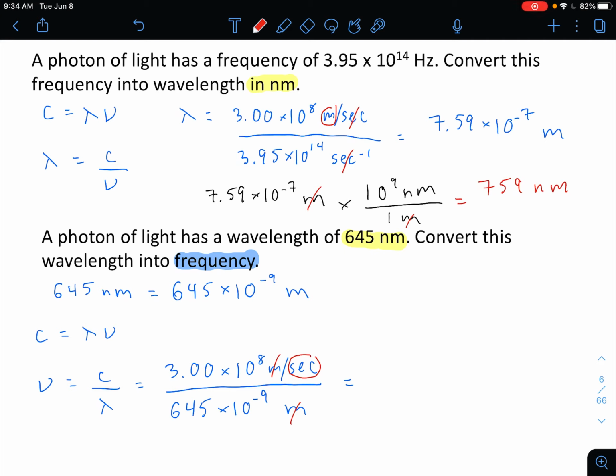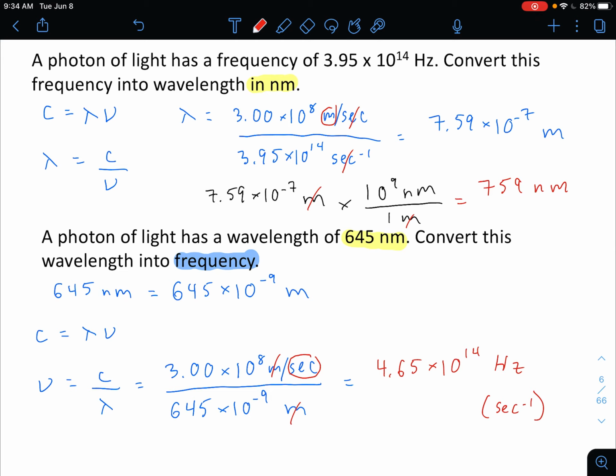Because the answer I'm going to get out of that is in per seconds, and that's what we want it to be. So, okay, 3 times 10 to the 8th divided by parentheses 645, 10 to the -9, gives me 4.65 times 10 to the 14th hertz or per second, doesn't really matter, they're the same thing. That's the units that we end up with.